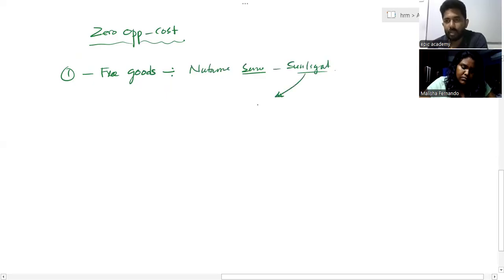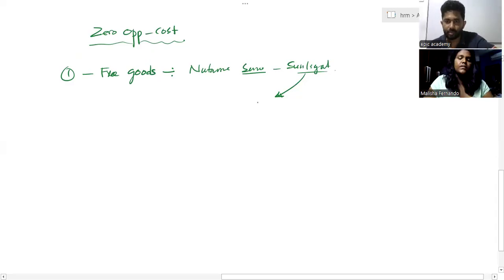Sunlight, I mean, there's no real meaning in consuming sunlight itself. By using sunlight, you are going to take some utilization. Okay, just consider you are going to dry some clothes or some food at home by using the sunlight.